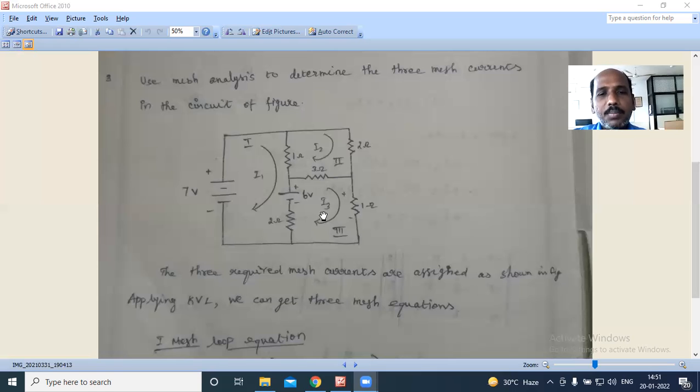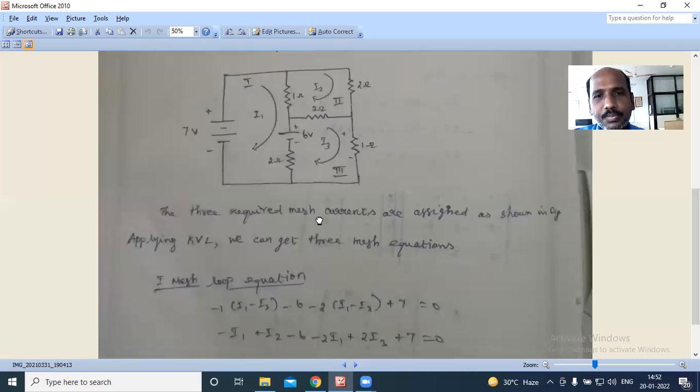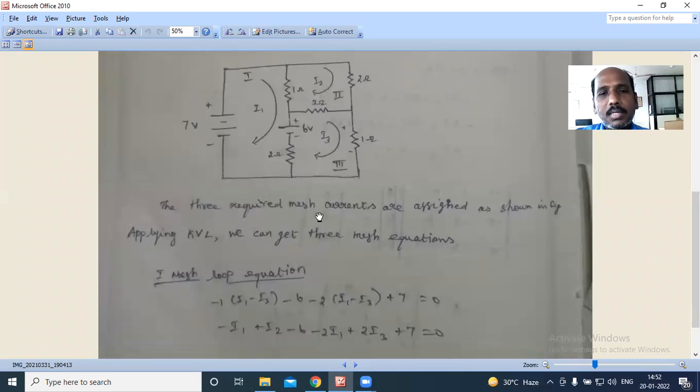And the second step, you have to apply KVL, Kirchhoff's voltage law, right? By applying KVL, we can form the equation for each mesh. There are two statements in KVL.